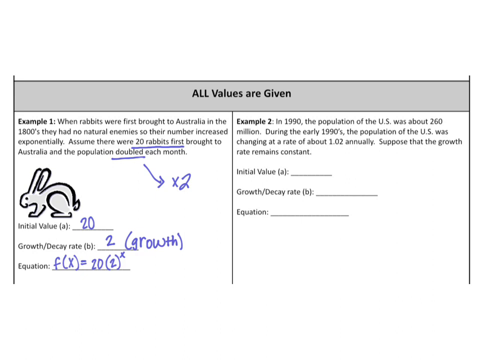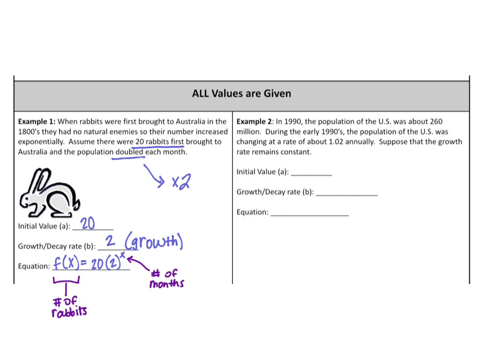So for this equation, f of x is number of rabbits and x is number of months, because it says that it doubled each month. So we're looking at it in terms of months.